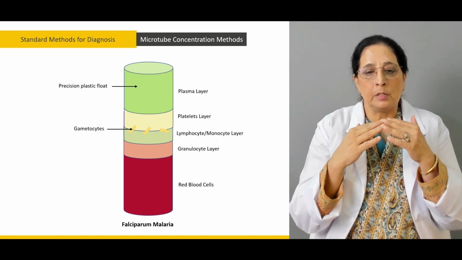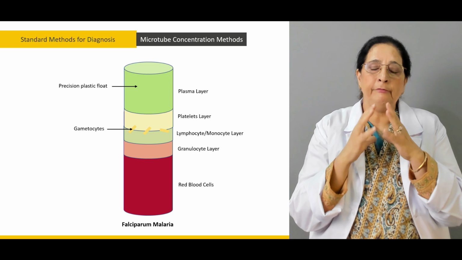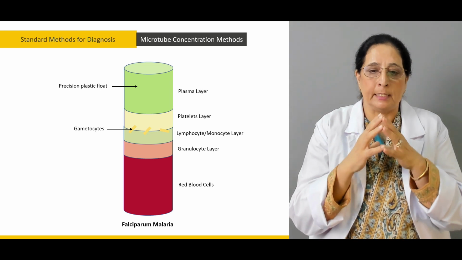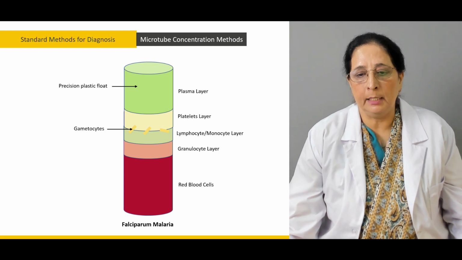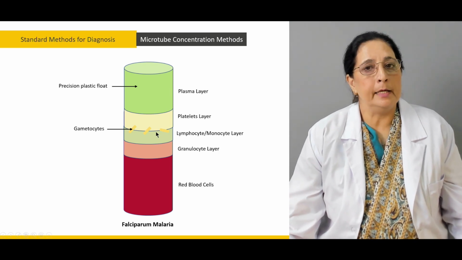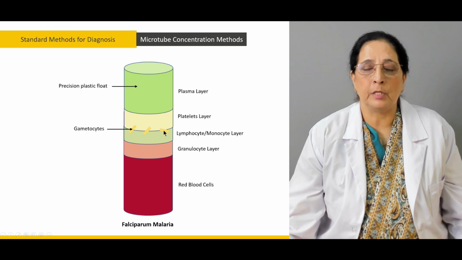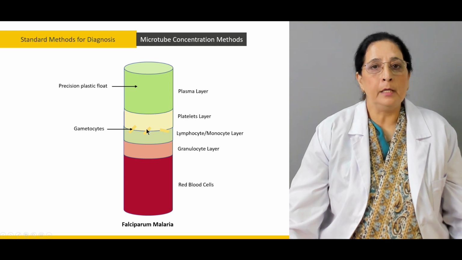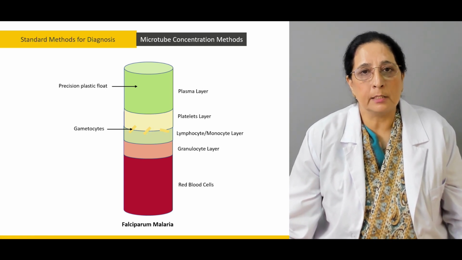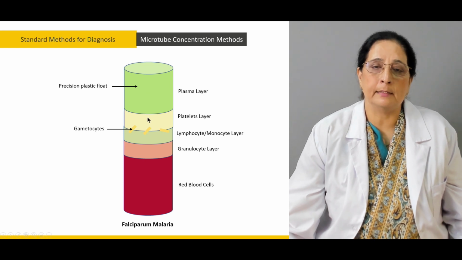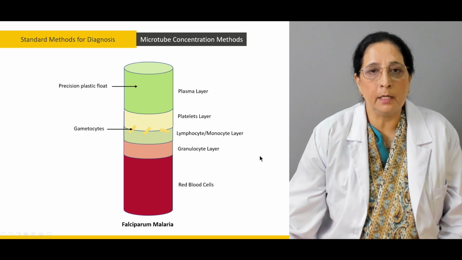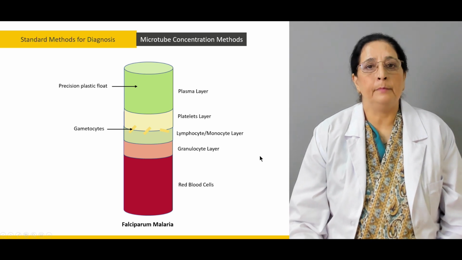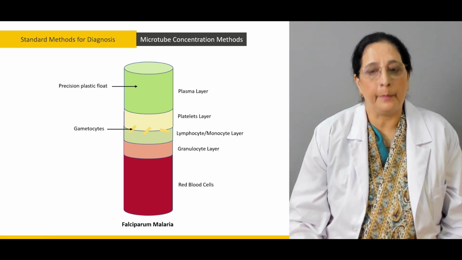monocyte, granulocyte. And if we see the gametocytes, male and female gametocytes, in between the granulocyte and the lymphocyte monocyte layer on the microtube concentration test, then it's the diagnosis of malaria caused by Plasmodium falciparum.